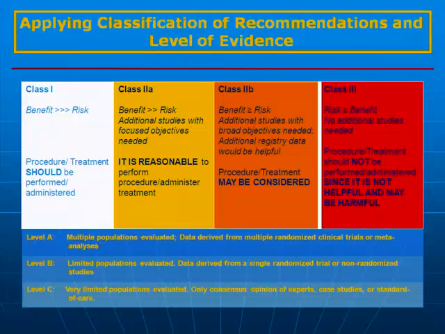Class 2 recommendations, benefit still exceeds risk, but for a 2A recommendation, that benefit is still substantially greater than risk, and it's reasonable for most patients to consider receiving that therapy or procedure, although additional data would be helpful to give us more confidence that that intervention would be better served in terms of patient management. Class 2B recommendations, the benefit risk may be equivalent.